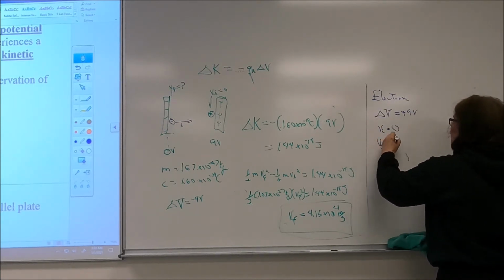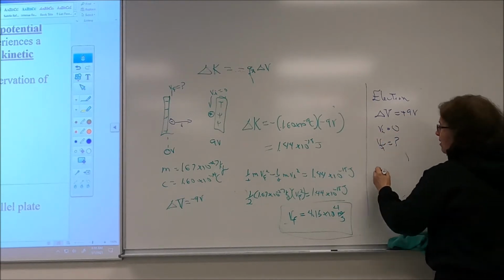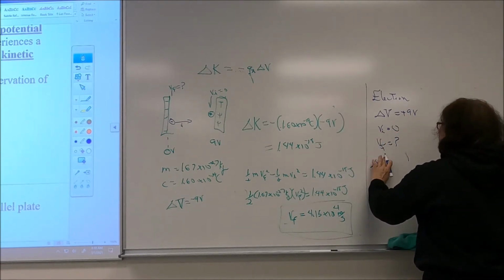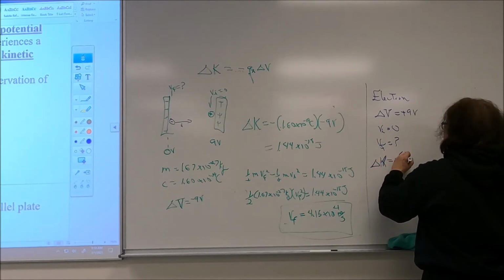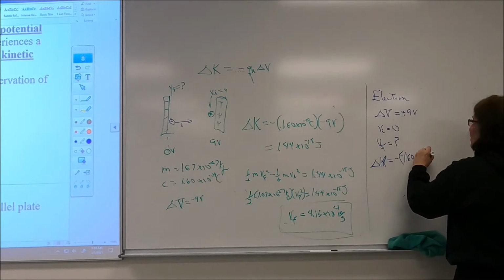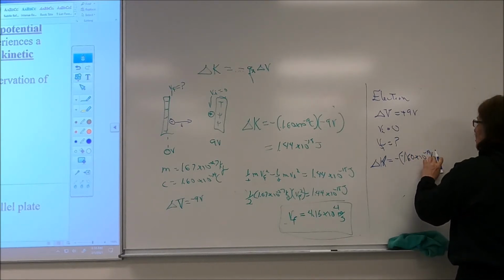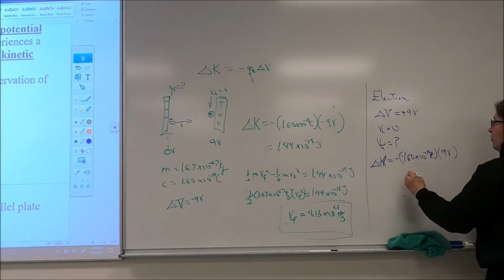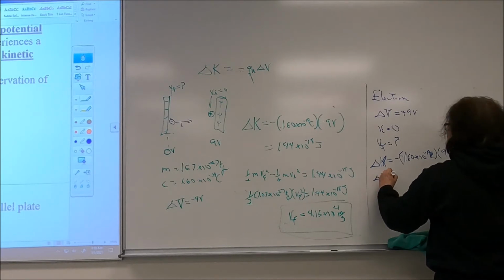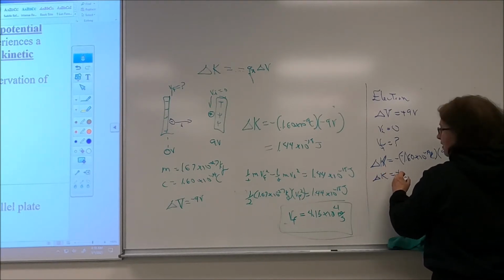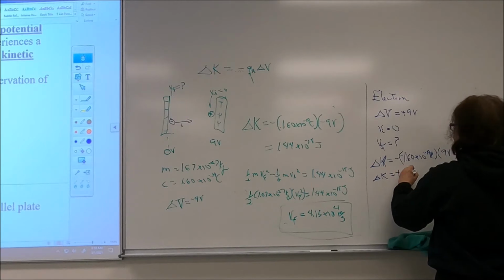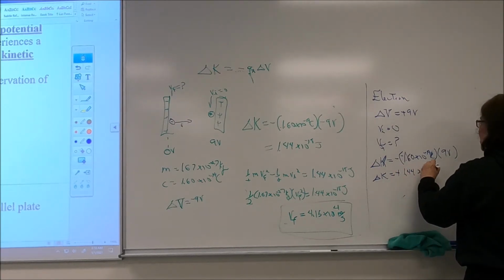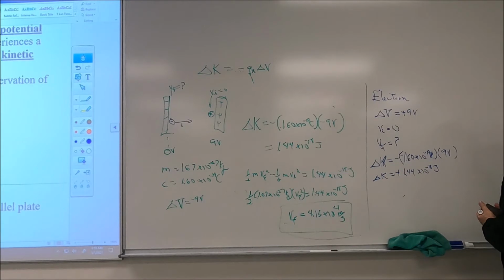We want velocity final. Okay, so the change in kinetic energy is going to be the negative of a minus 1.60 times 10 to the minus 19 coulombs times 9 volts. So the change in kinetic energy is going to be a plus 1.44 times 10 to the minus 18 joules.